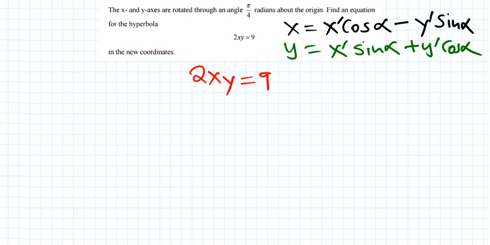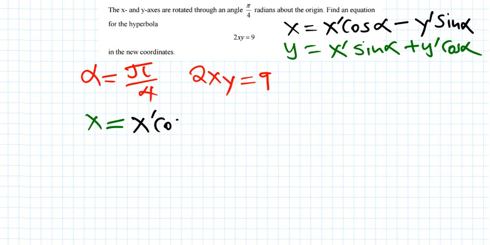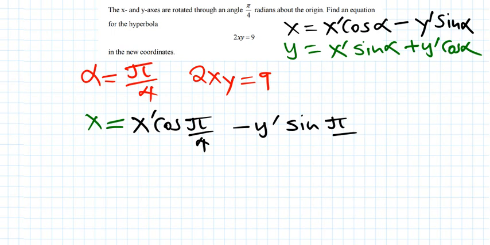Okay, so we've been given the angle alpha. We're told alpha is equal to pi over 4. So we don't have to find the angle like I said. We just have to go and substitute into the equations that we have. So for x, our x is going to be equal to our x prime cosine pi over 4 minus y prime sine pi over 4.